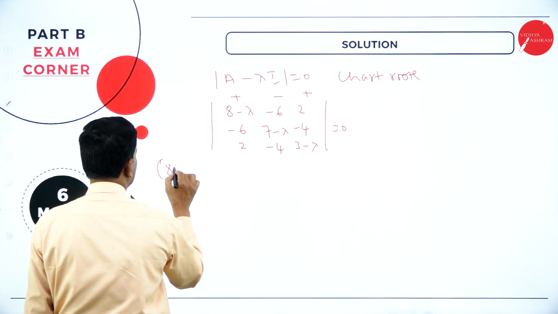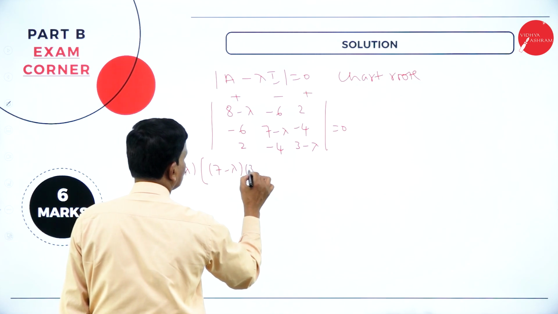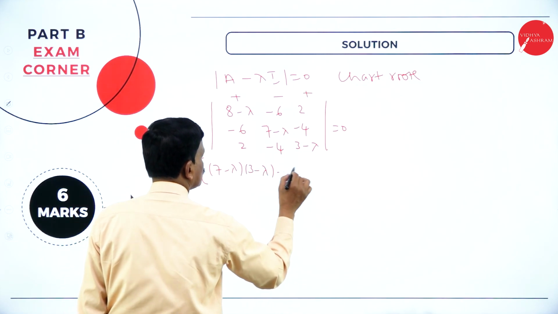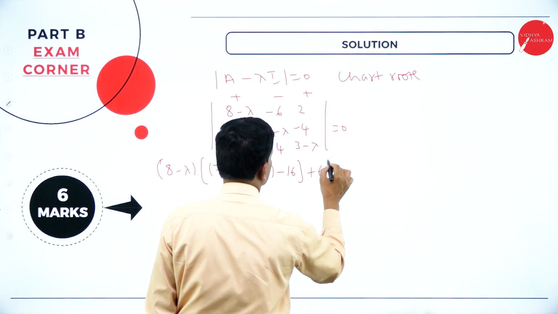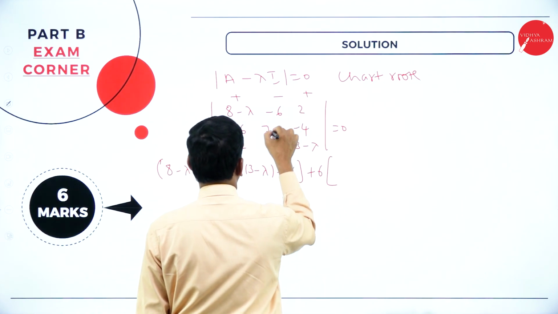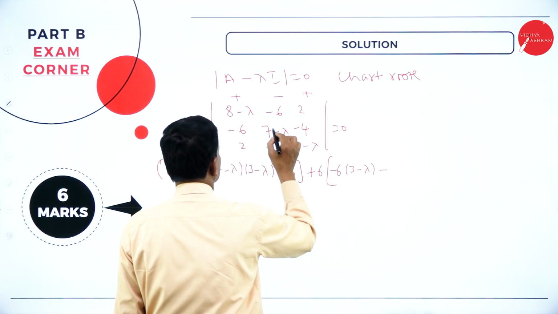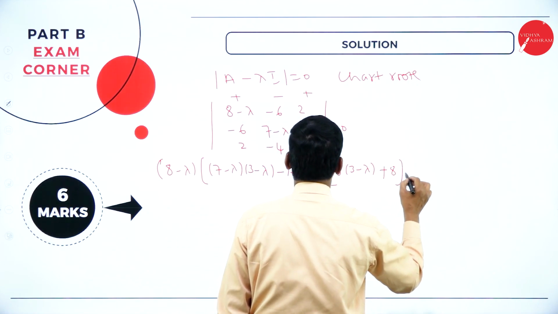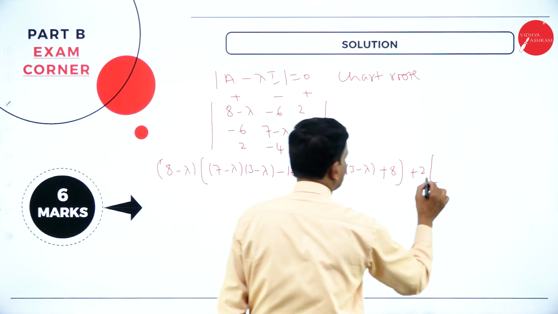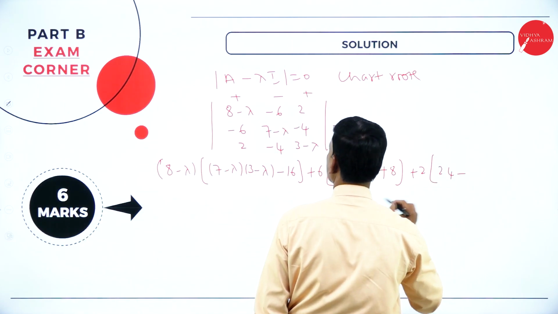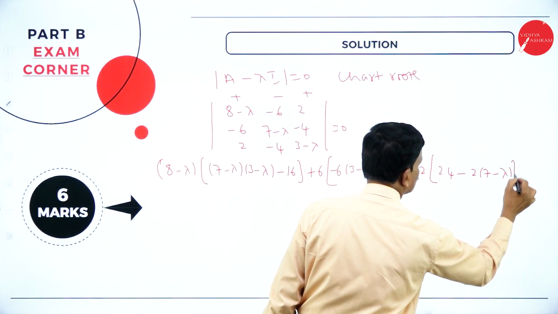That is (8 minus lambda) into [(7 minus lambda)(3 minus lambda) minus 16], plus 6 into [-6(3 minus lambda) plus 8], plus 2 into [24 minus 2(7 minus lambda)], equal to 0.